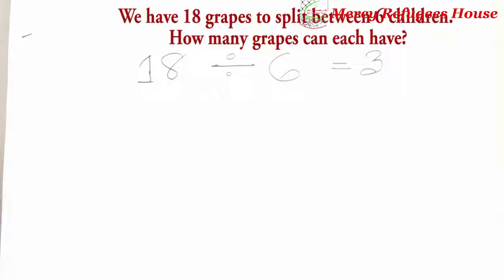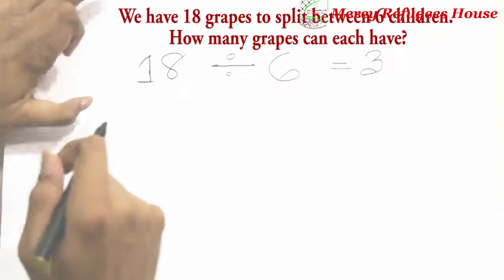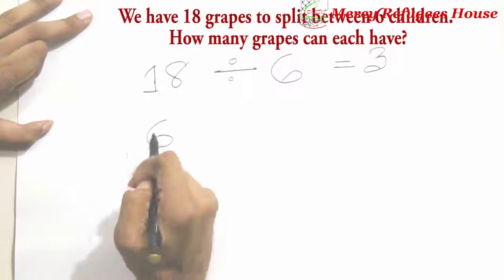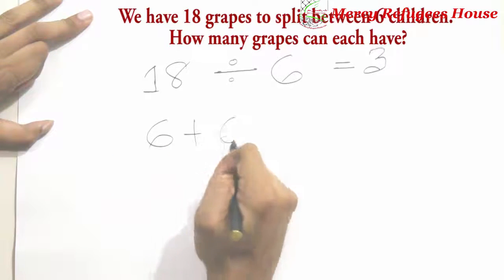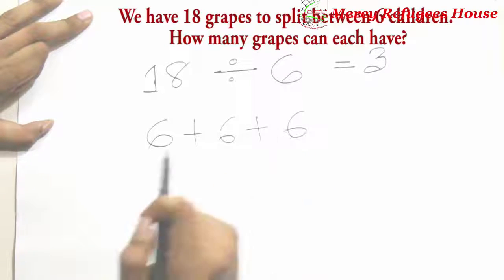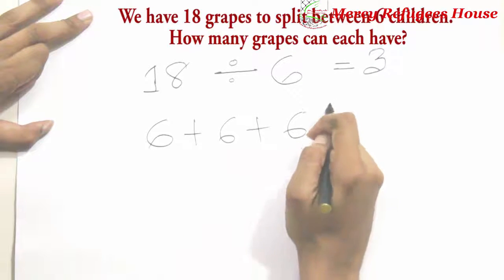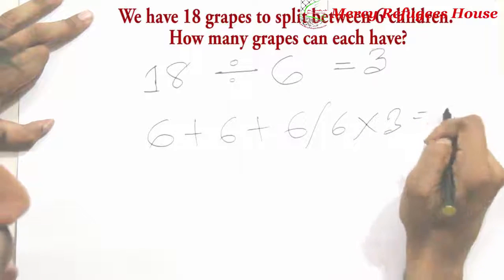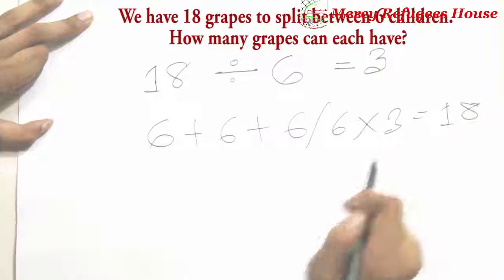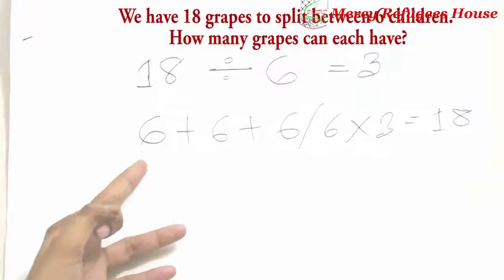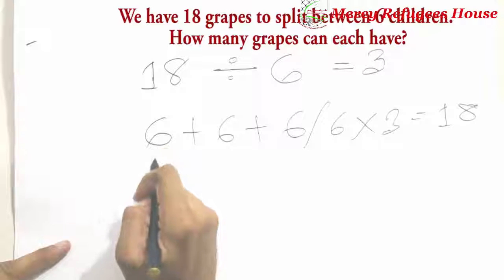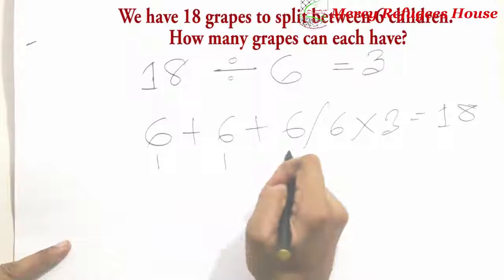How could we do it? How did we get this answer? Remember the multiplication. How did we get 18 using 6 plus 6 plus 6? Or in other words, we could say 6 times 3 equals 18. So how many 6s did we need? We needed 1, 2, 3.